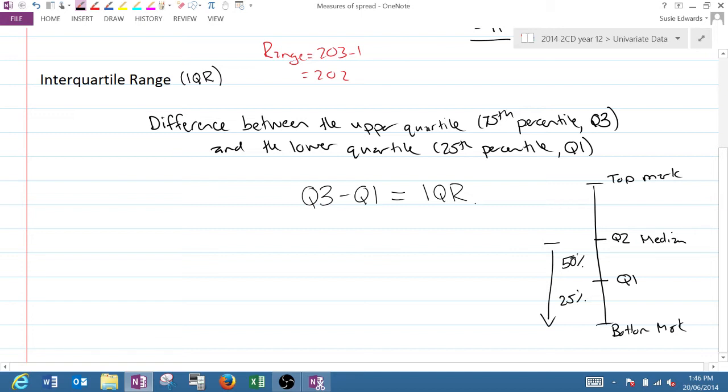Half of the students who did this test are below that point, half of the students who did this test are above that point. What about this one here? Oh, sorry. What about here? Q3. And for this one, we add on another 25%, so it's 75% are below that point. So if you had a data point up here, you'd be saying, okay, great, I'm in the top 25% of the course.